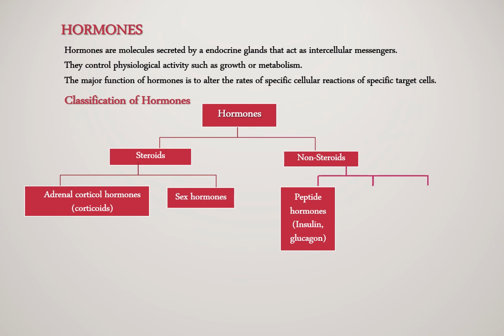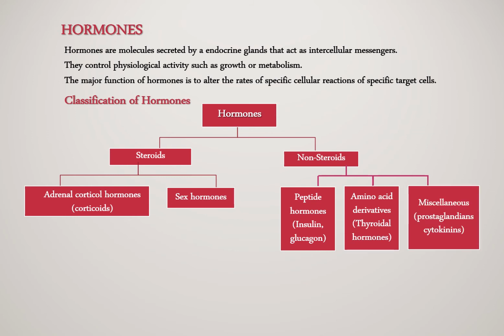The non-steroid hormones are classified into the peptide hormones like insulin, glucagon, etc., and amino acid derivatives, which are connected to the thyroid gland, the thyroid hormones, and another category called miscellaneous, cytokinins, etc.